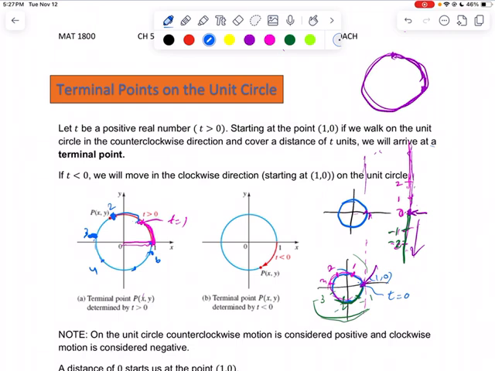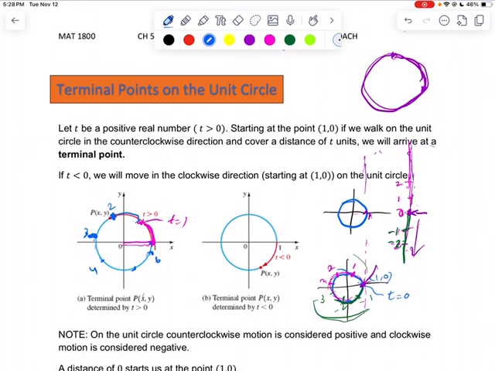Okay, so in the counterclockwise direction, the distance is going to be positive, and by distance here we mean t, not x. We are not taking x because x is the horizontal distance, and y is taken for the vertical distance.